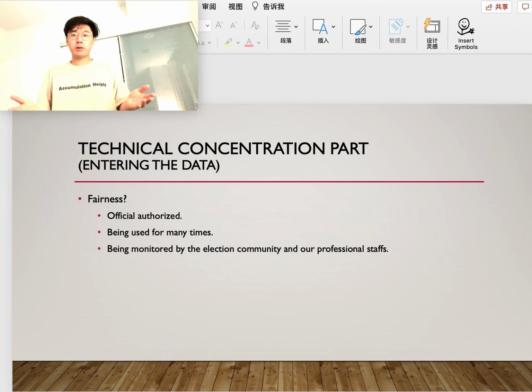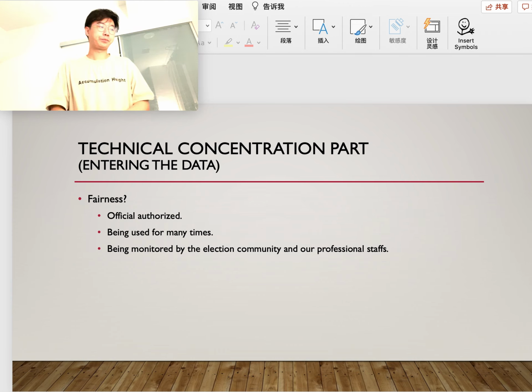Fairness is very important in voting. So I will introduce our system by comparing it with the traditional one.